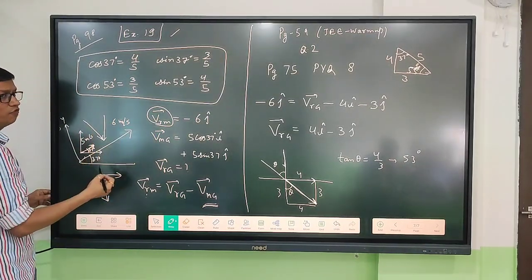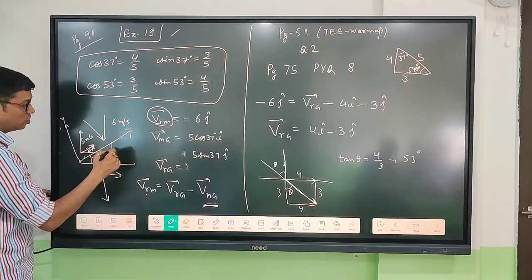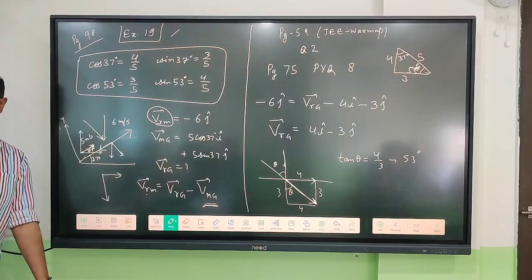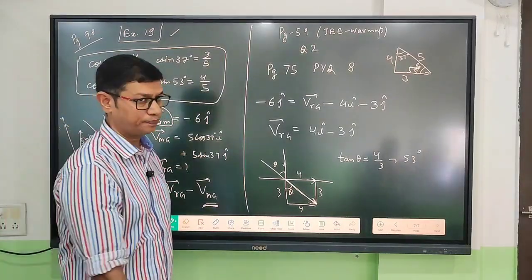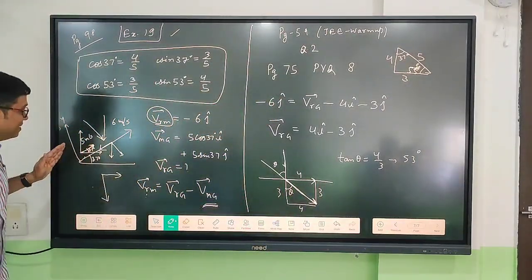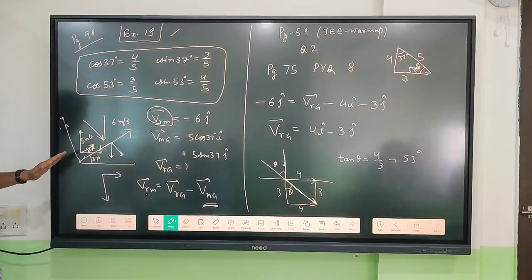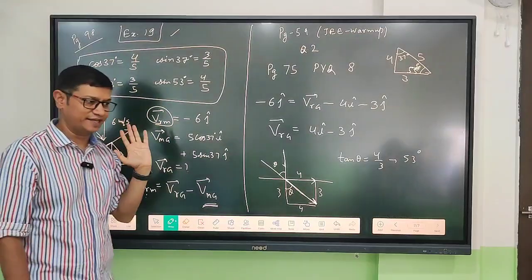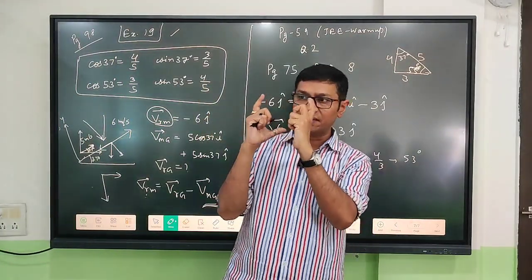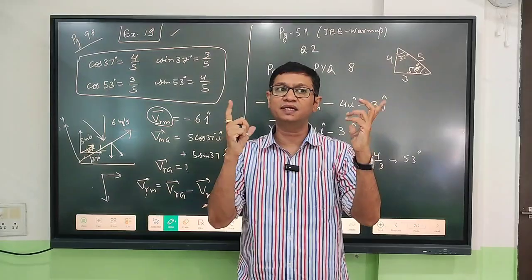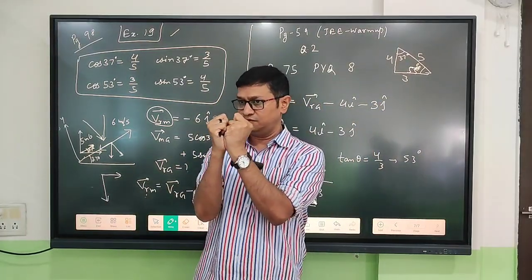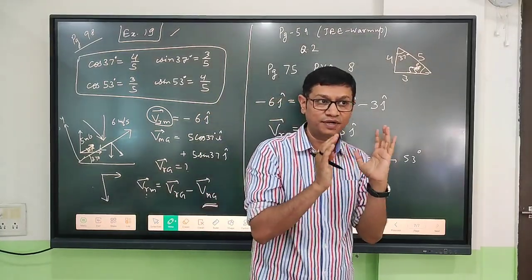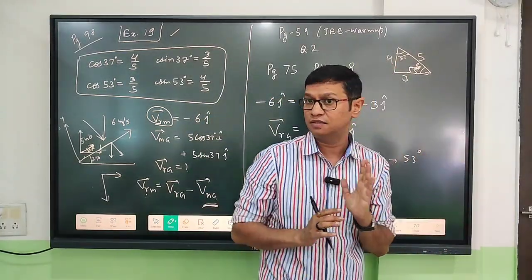It will not be minus 6j, obviously it will be falling like this, so there will be a component like this and a component like this, and if you do this, you will get the same answer, I guarantee this. But you will get an advantage. In this case your V man with respect to ground will just be 5 i cap. So if you understand things the right way and do them every way, your mind will grasp the concept better. Don't be afraid of IJ, they are your friends, not your enemies. They will save you from the vector nonsense.